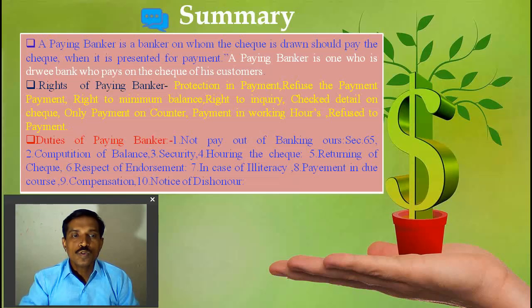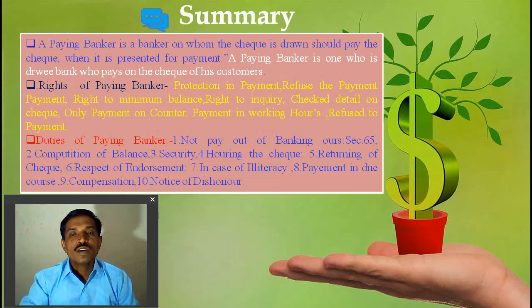The computation of balance, maintaining the minimum balance, and the security of the account are the duty of the bank, as is holding the checks of the customers, returning the check whenever there is any doubt, and respecting the endorsement of their customer, the general crossing or special crossing.